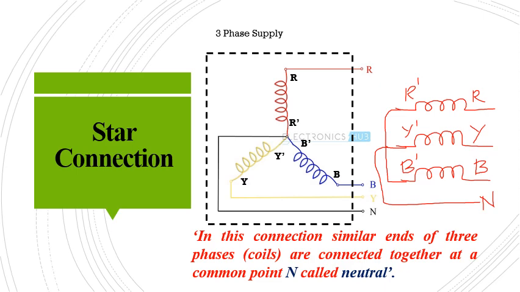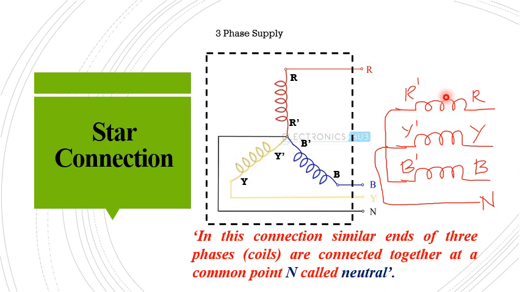At this point, let's check what will be the current through the neutral. From the second figure, it is clear that the current through the neutral will be the sum of the current through all these three phases. Assume that these three phases are balanced.